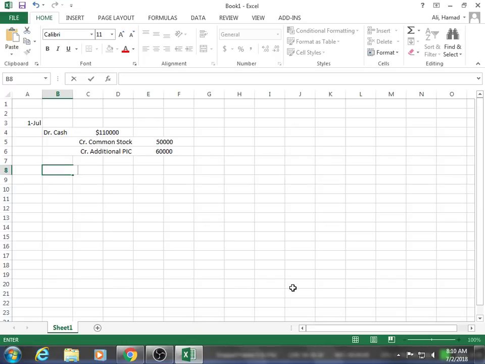Debit organization costs for how much? Now the question is 500 shares of common at $11.